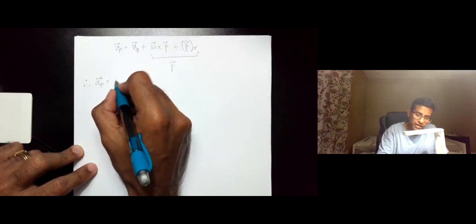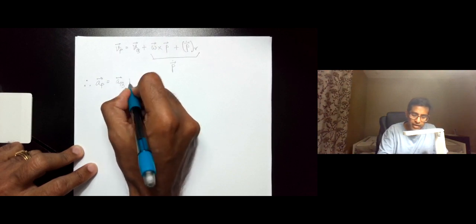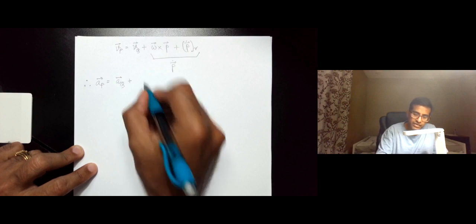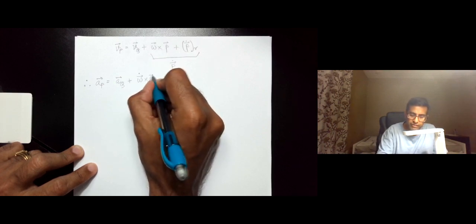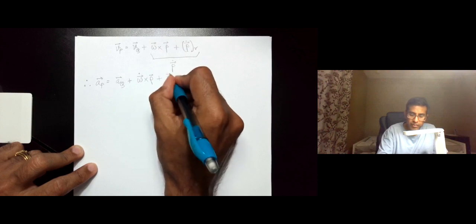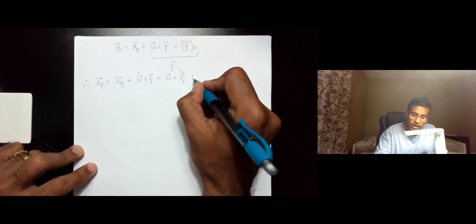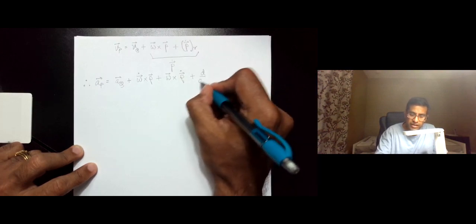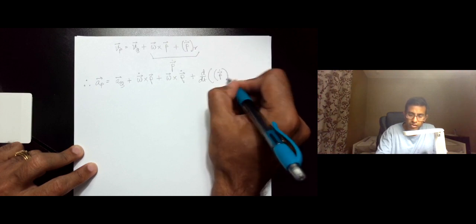So therefore AP can be found by just taking the derivative of this equation. So if I take the derivative of Vq, I will have AQ plus, now let's take the derivative of the second term. It's going to be omega dot cross rho plus omega cross rho dot plus we have the derivative of rho dot r.